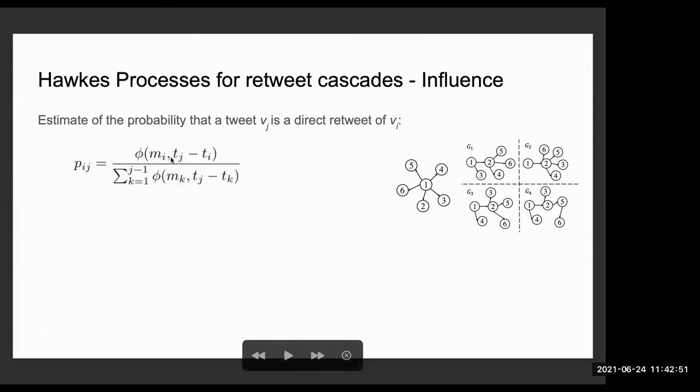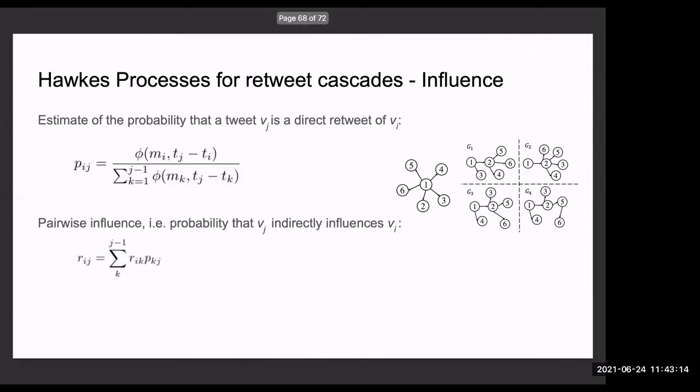We look at the kernel with these timestamps, the marked kernel, which takes into account the number of followers. And we divide this by the kernels for the earlier events to get an estimate of how likely it is that this tweet was a direct retweet.